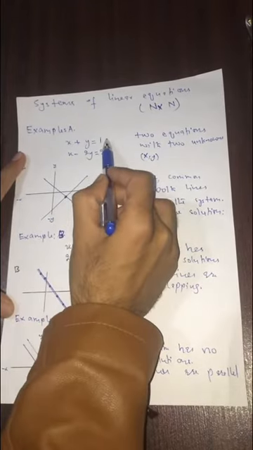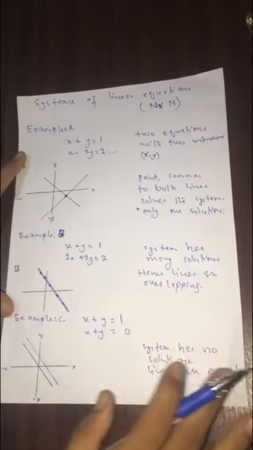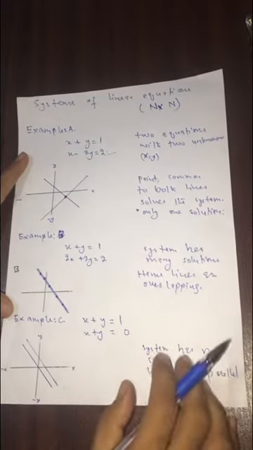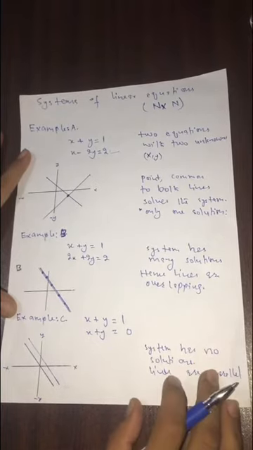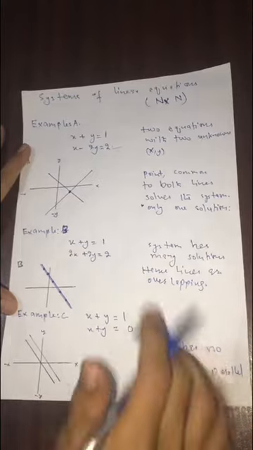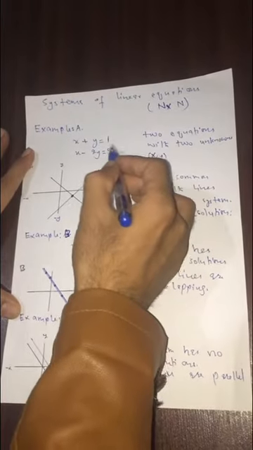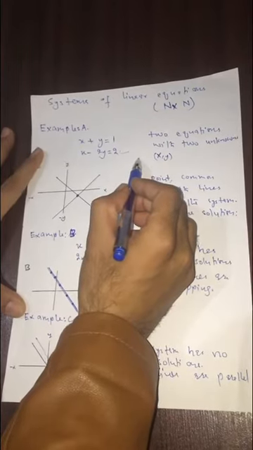You see that this is a system of linear equations. This is the equation of a line. This is another equation of a line. But in this course, we would be talking about the equations of planes, because we will be in space, we will be in 3D. This is just for an example. We are taking the equation of a line. This is a system of linear equations.